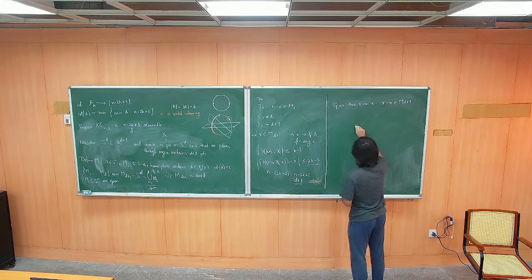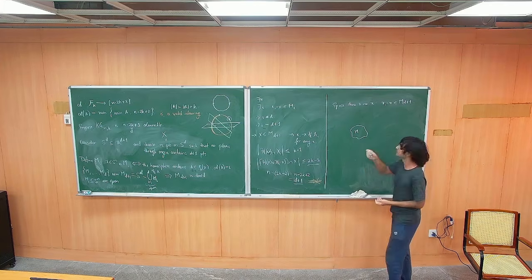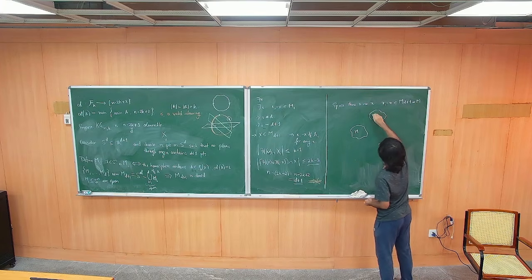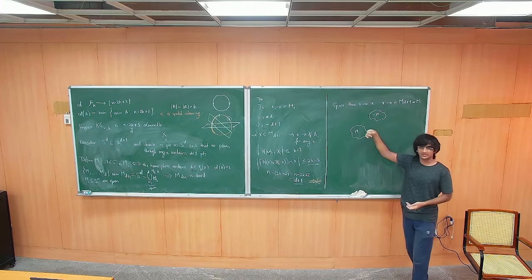Okay. So this is M_{d+1}, or just for simplicity I'll call it M. This is minus M, and they are disjoint is the thing.